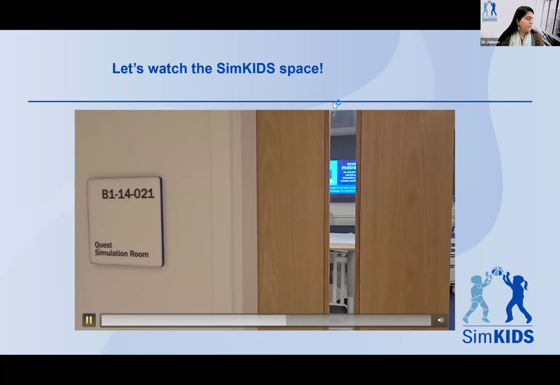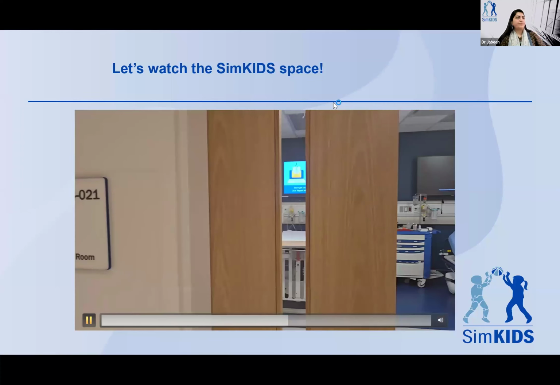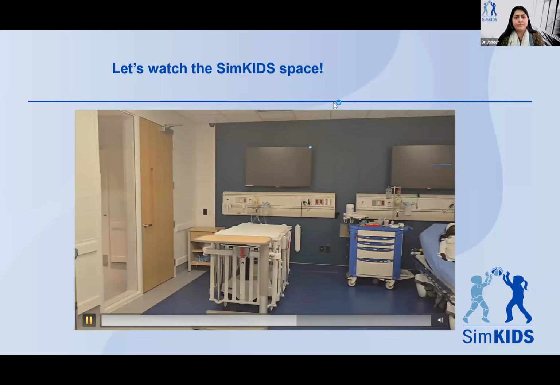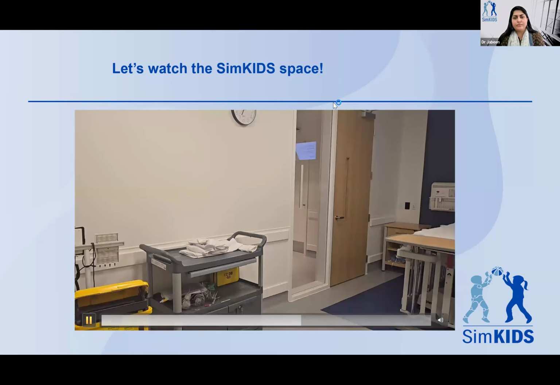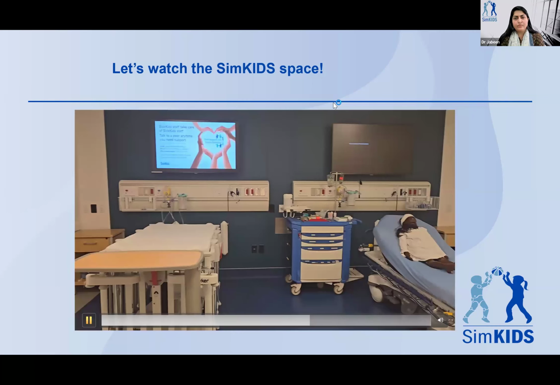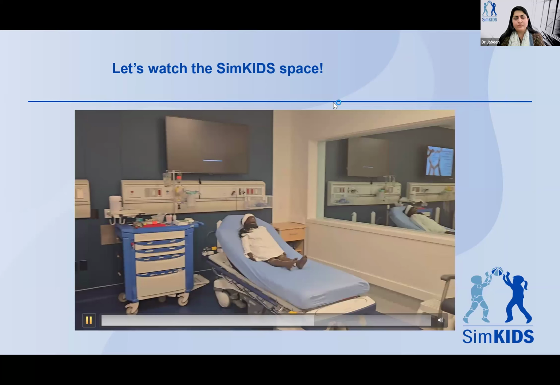Next up is Quest. This high-fidelity suite holds up to 2 patients and features an adjacent negative pressure room with a functioning Omnicell for medication preparation and dispensing, as well as a workstation on wheels. This setup is ideal for acute care, emergency, and infection control scenarios.